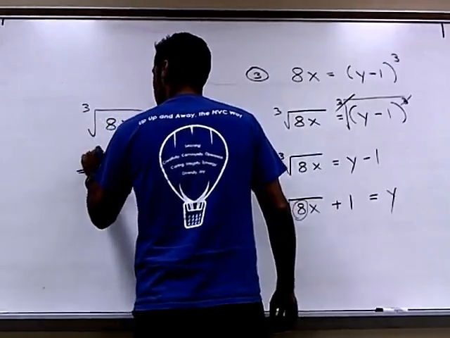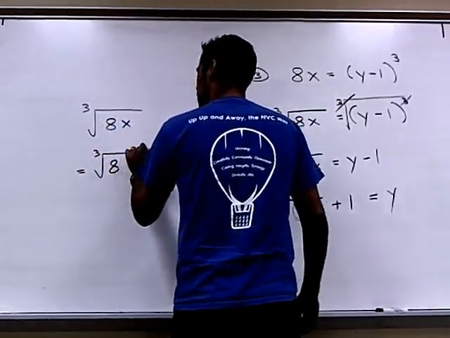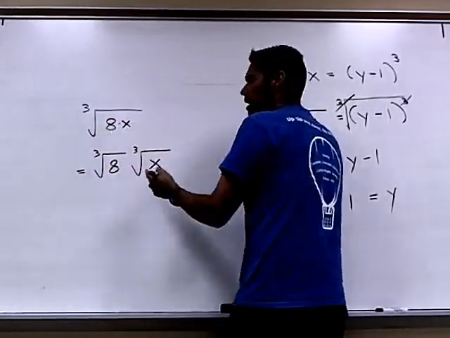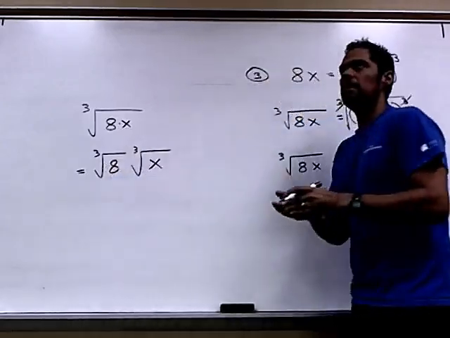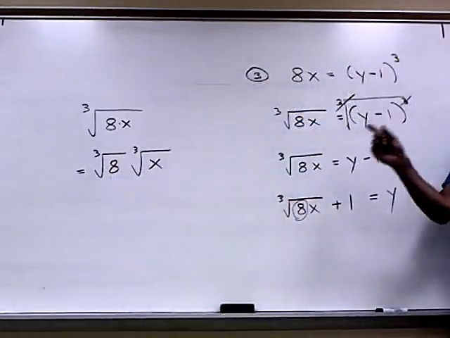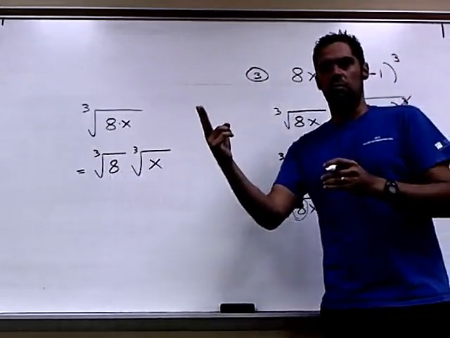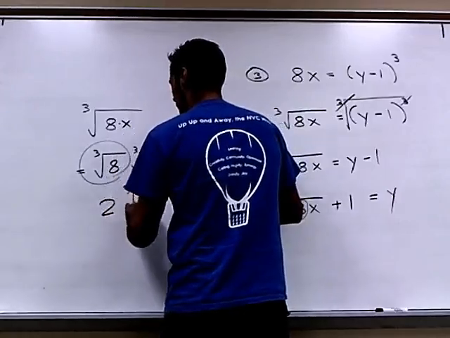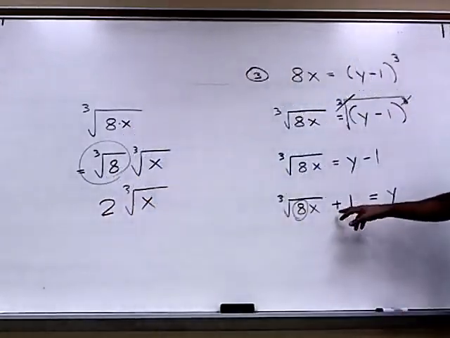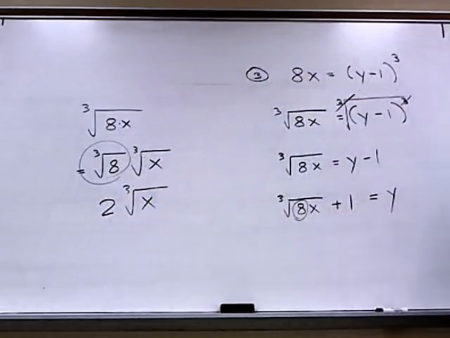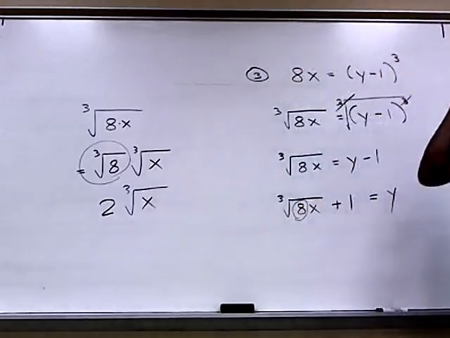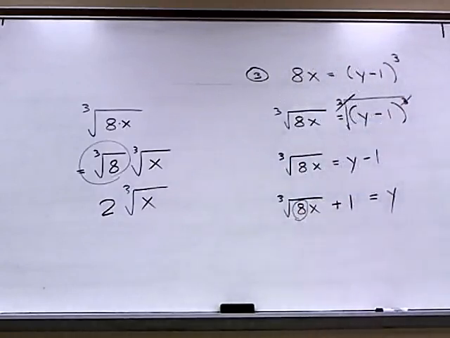Property of roots says that you can break this into 2 roots separately because there's multiplication here. And the cube root of 8 is the number that you would multiply times itself 3 times to get 8, which is 2. So this right here is a 2, and then cube root of x, and then the plus 1. That's fine. That should be what they have.